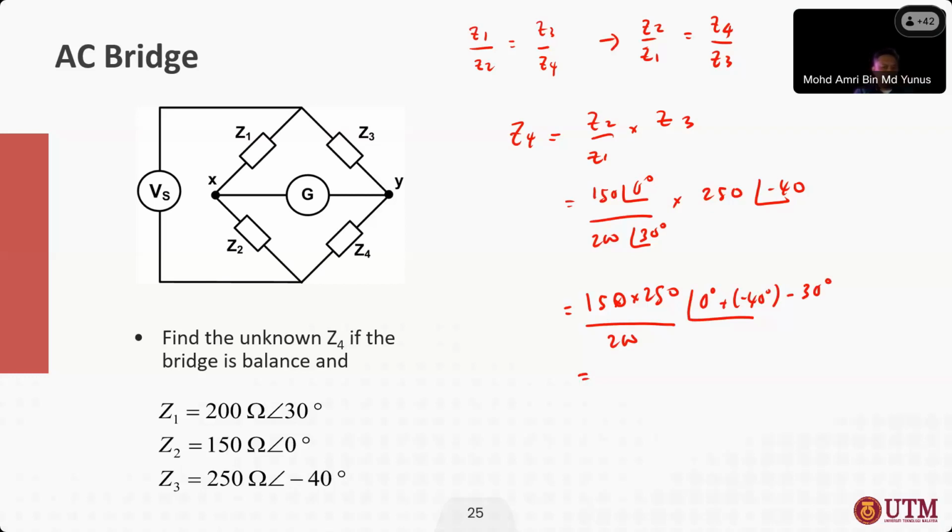Divide by 200. So we get 187.5 ohm angle negative 70 degrees.